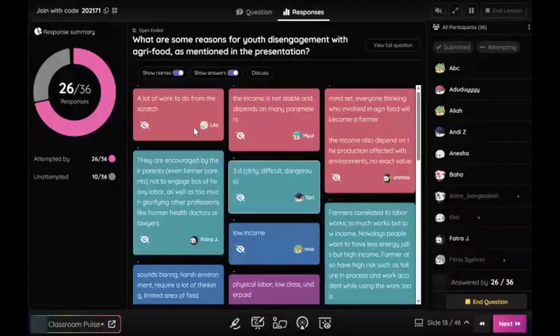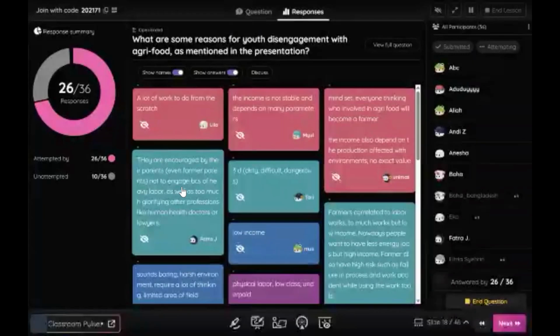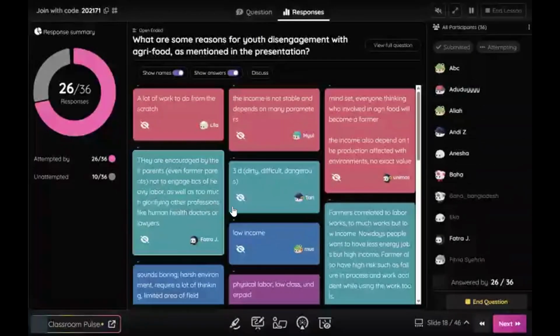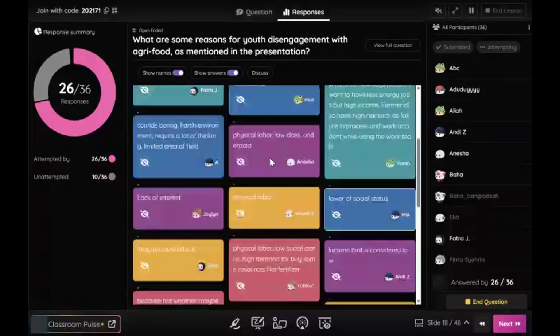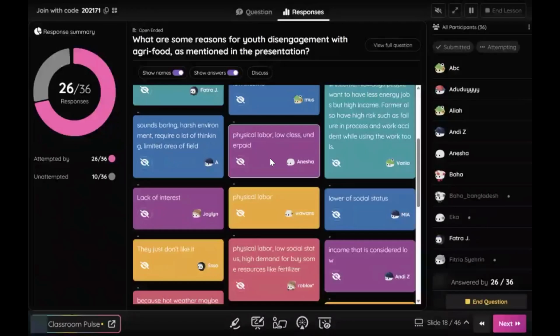Because many works are still physical works. In order to achieve that, we need a robot. But the problem is the robot price or investment is still high. So no need to worry if AI replaces your current career as an agri-food investor or agri-food person. Okay, let's end the question and do the next part.